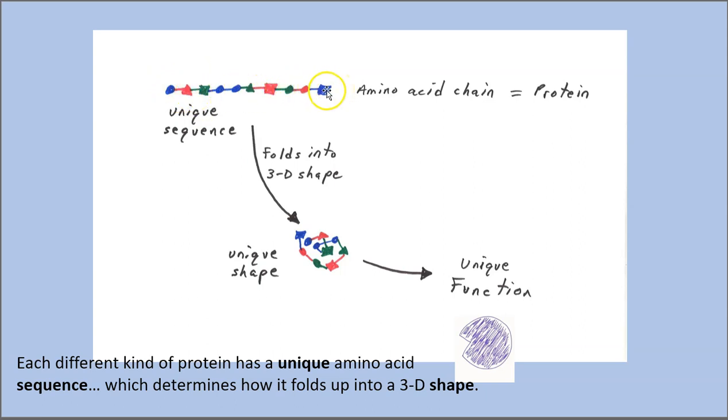And that sequence of amino acids determines how the molecule folds up into a three-dimensional shape. And the shape of the protein determines what its job is, or what it can do, its function. So if we go changing the amino acid sequence, we change how it folds up, and we might impair its function, or it might do a different function. It might be able to do a different job. So the sequence of amino acids is really important.